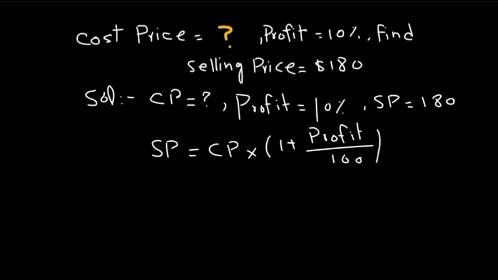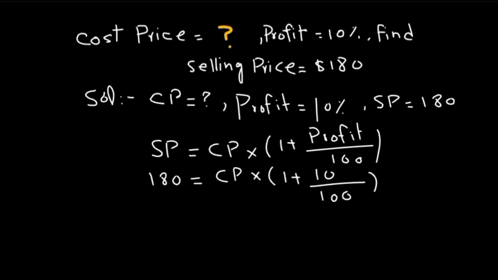So the selling price is 180. Cost price we have to find out, multiplied by 1 plus profit, which is 10% over 100.